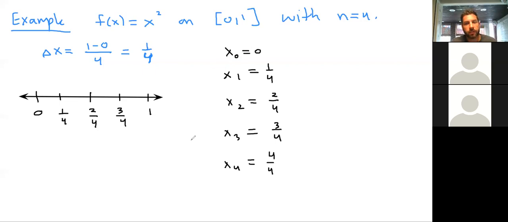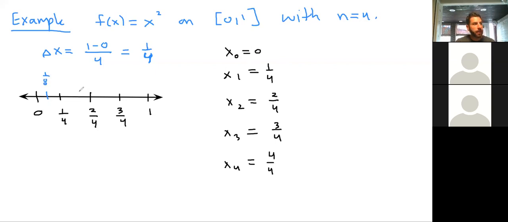Okay, now, this gives us the information to do a left and a right sum. So we could do that if we wanted. We're going to do that on the next page. But before we do that, let's also compute the midpoints. What are the midpoints of each one of these? Well, what's halfway between here? You add them up and divide by 2. So that is 1/8. What's the midpoint here?